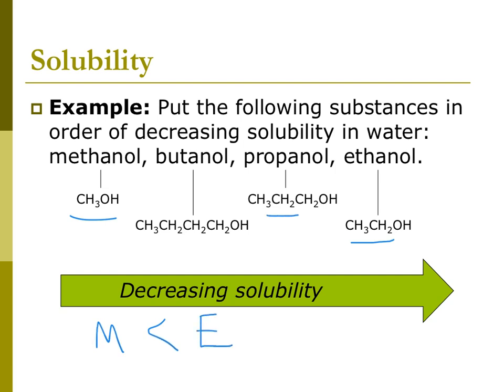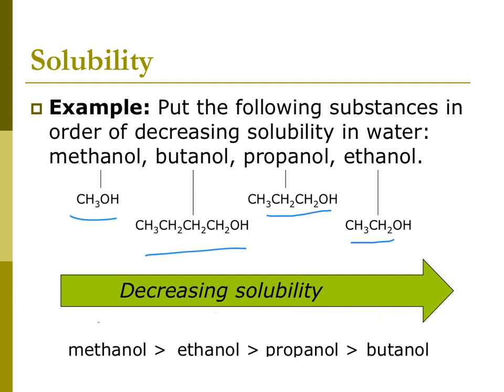Then we would move on to something that had 3 carbons in the chain, or propanol. And finally, the least soluble with the longest chain would be butanol. And oops, I had my greater than signs backwards, apologies. So methanol would have the greatest solubility, then ethanol, then propanol, then butanol. So the decreasing solubility, the least soluble, was the butanol.